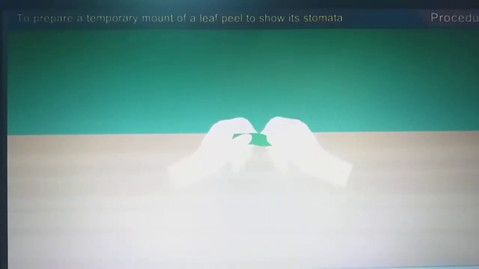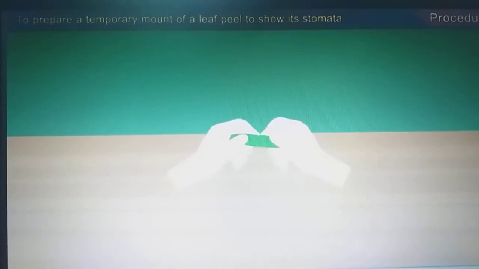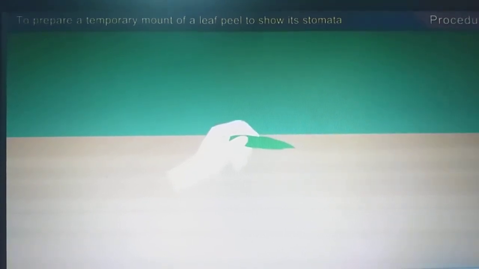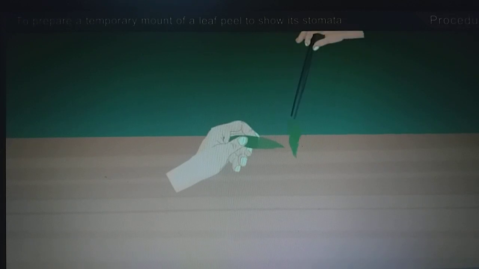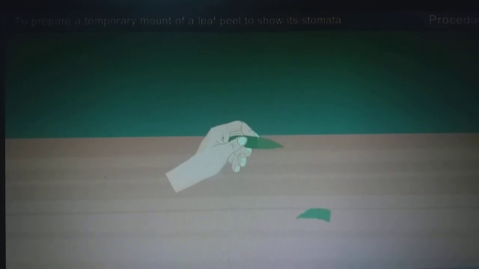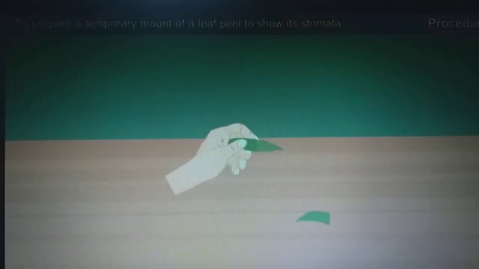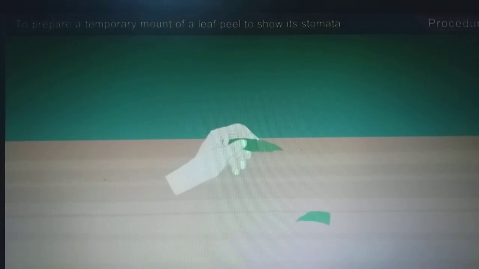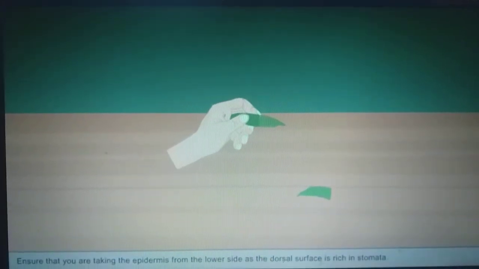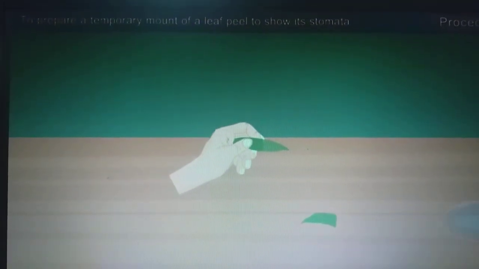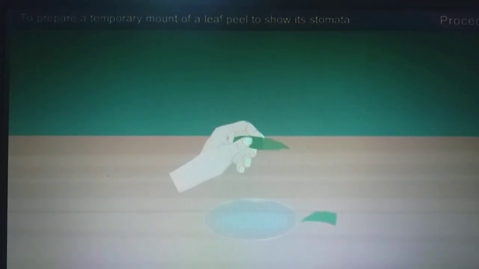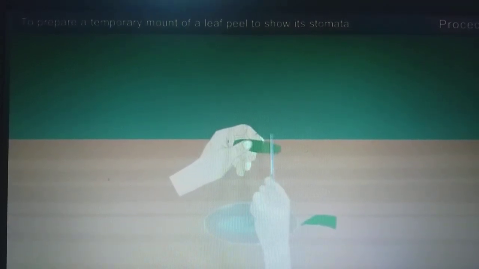Take a freshly plucked Rhoeo leaf, break the leaf from front to back by putting suitable pressure so that the peel of the lower surface comes out. Be sure that you are taking epidermis from the lower side as the dorsal surface is rich in stomata.